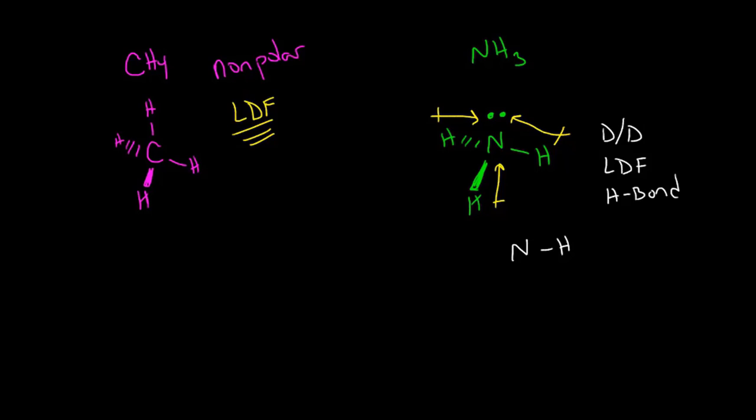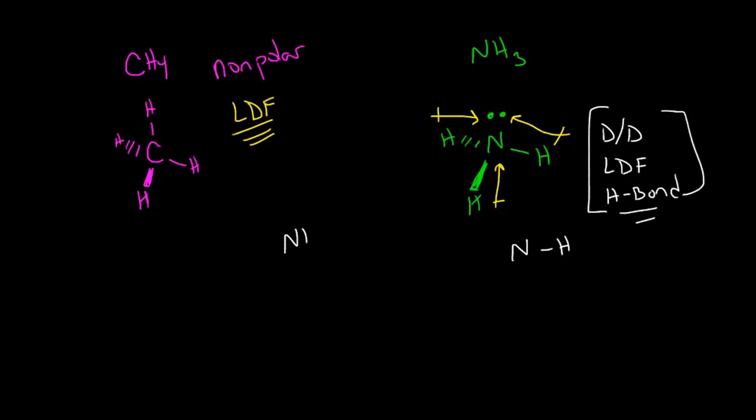Okay, so this compound experiences dipole-dipole, London dispersion forces, and hydrogen bonding. And the strongest of these intermolecular forces is hydrogen bonding. So when we try to predict whether ammonia will have a larger or a smaller boiling point than methane, we think about the strongest intermolecular force.